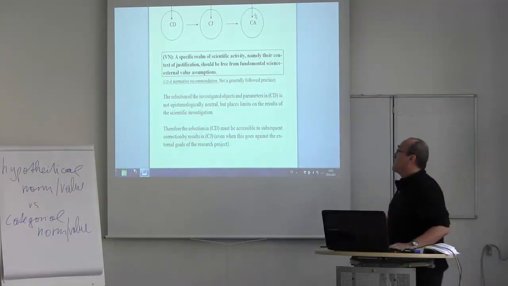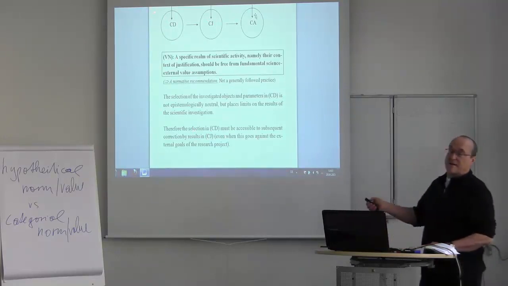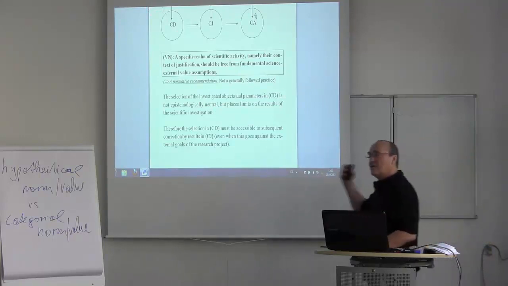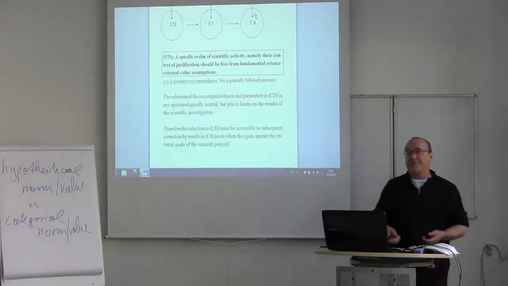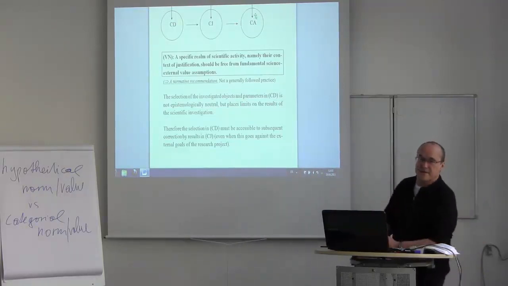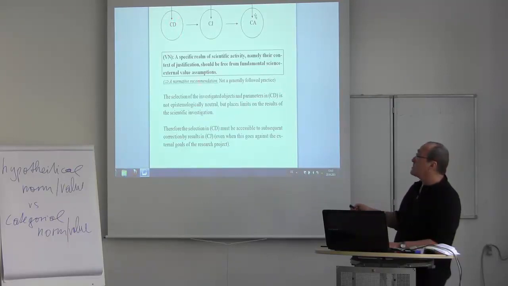Therefore it was absolutely important that there were psychosomatic studies in the 70s and 80s, and there were a lot of findings which supported that. Nowadays it is quite accepted in medicine that there are psychosomatic effects. So this is an example where the parameter selection in the context of discovery in medicine in the 60s and 70s was corrected by later scientific findings.